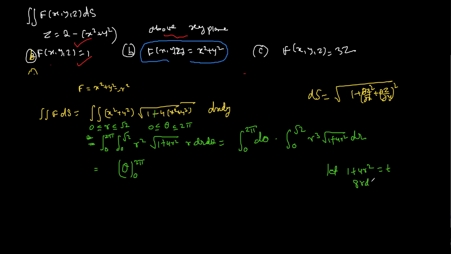Then 8r dr is equal to dt, right? So r square is what? t minus 1 upon 4. And this is root t. And r dr is dt by 8. The limit will also change. The limit will be 1 to 9.